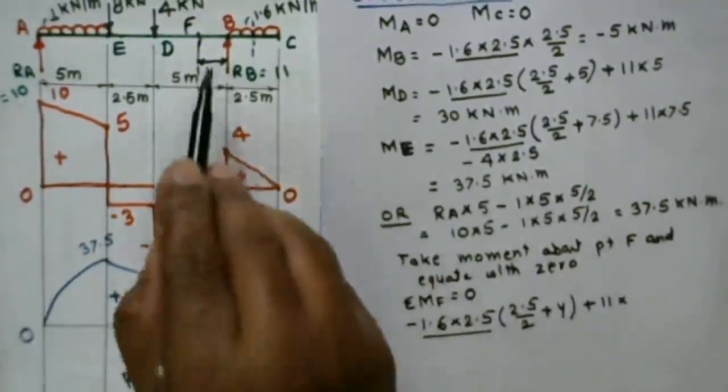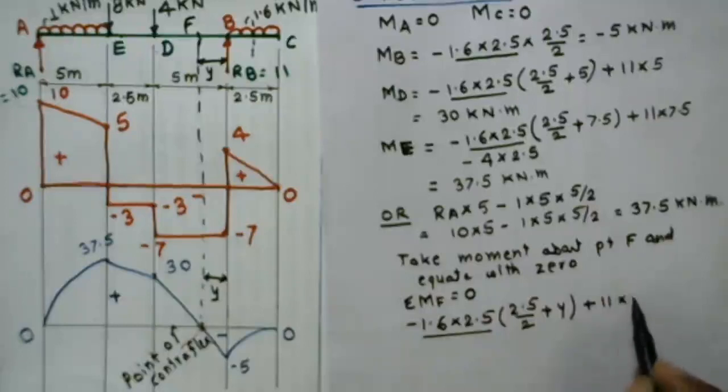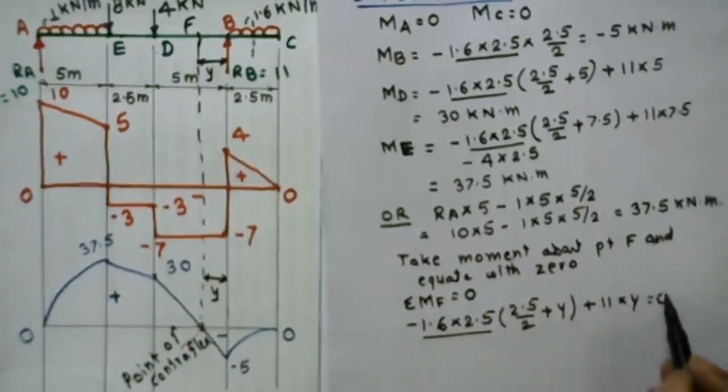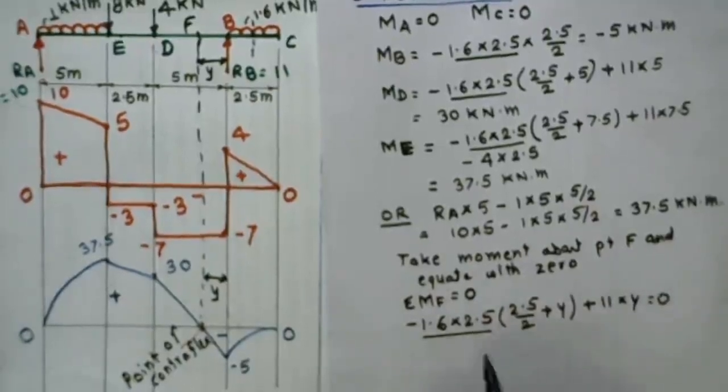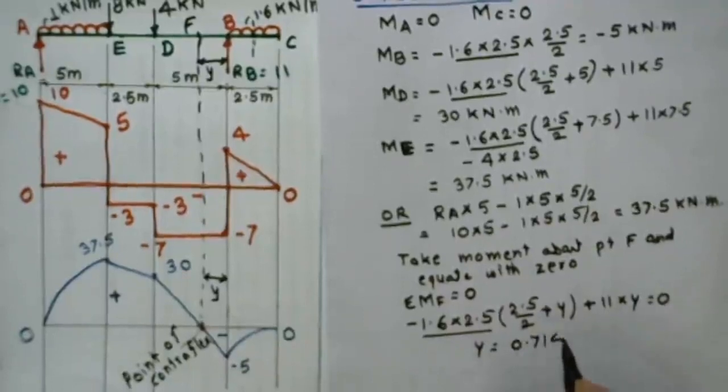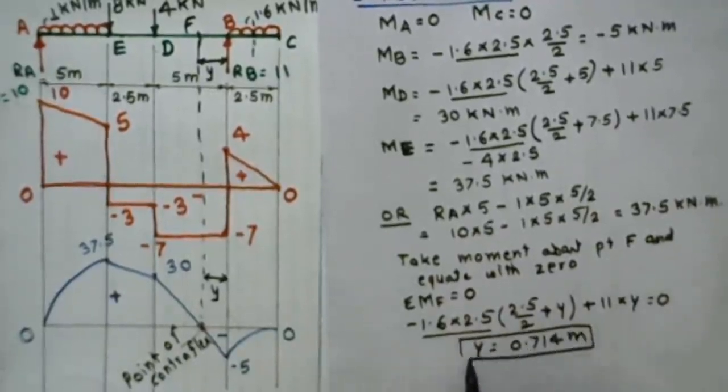Its distance up to the point F is y, and we have to equate with 0. So after solving this, you will get y equal to 0.714 meter. So this is the location of the point of contraflexure.